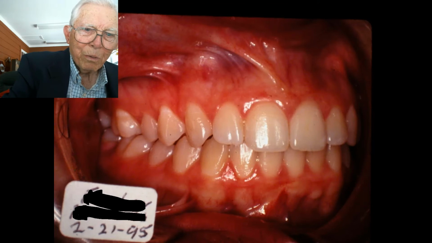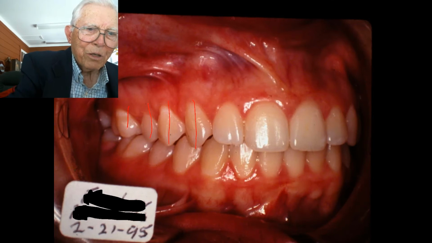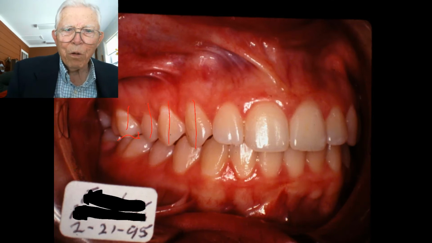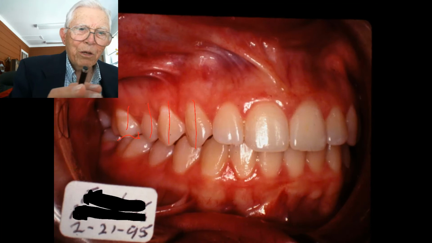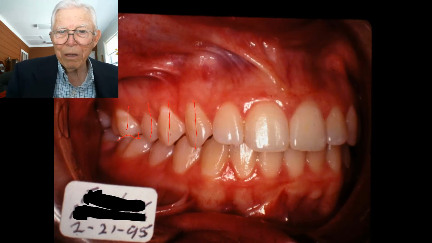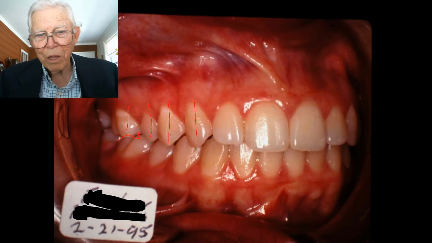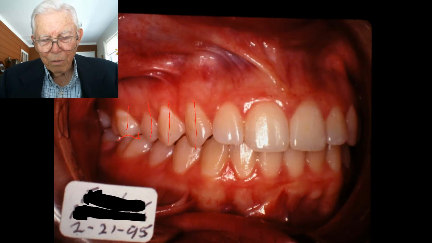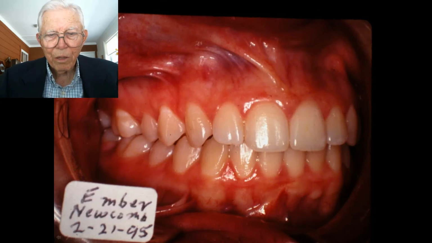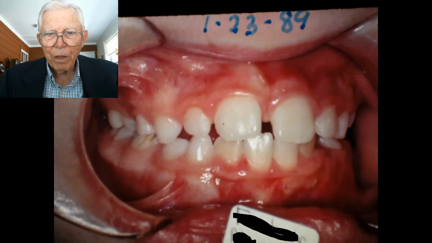And here's the cuspid tooth that's fallen in here, the first bicuspid by here, the second by, and the 6-year molar is back here where it should be, and it showed the second molar back, and the wisdom teeth had to be removed in this particular case.